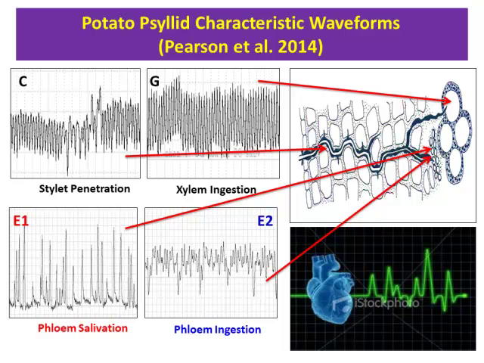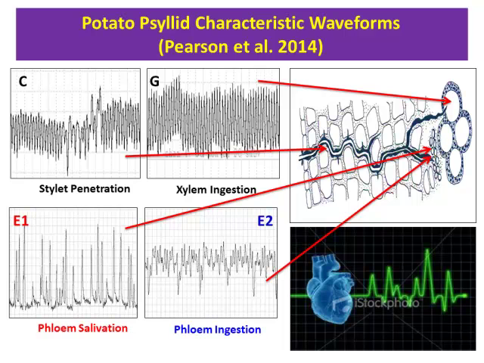E1 is when the insect is feeding in the phloem, and they do salivate in the phloem, which means they are basically spitting in it, injecting whatever they have in the salivary glands, and that's when you have inoculation.